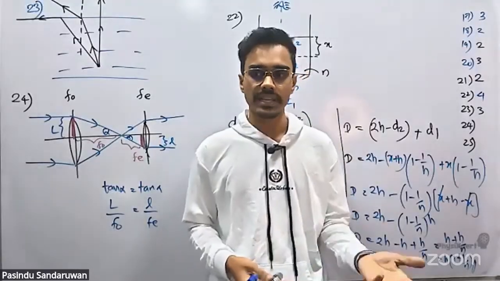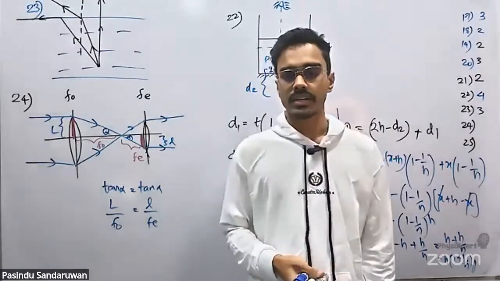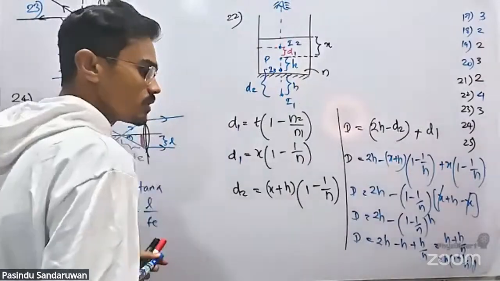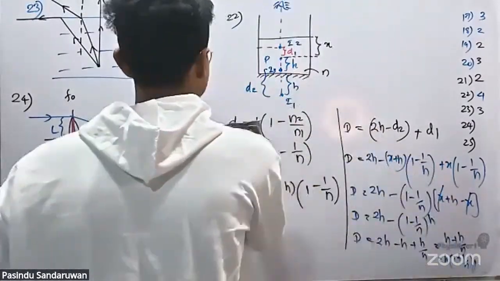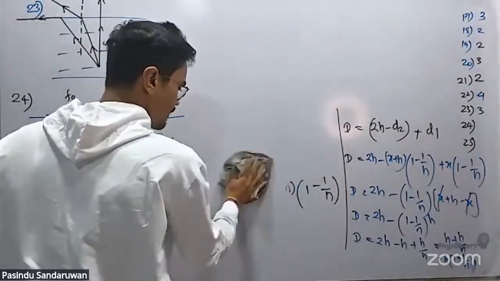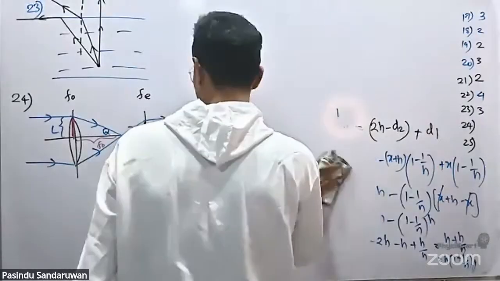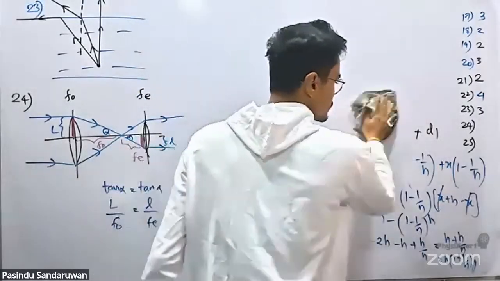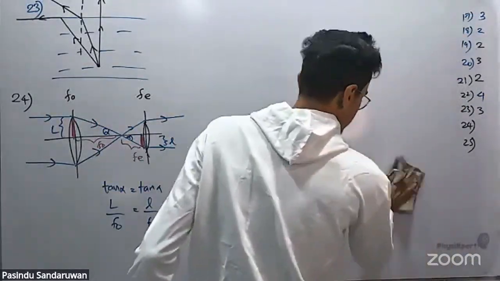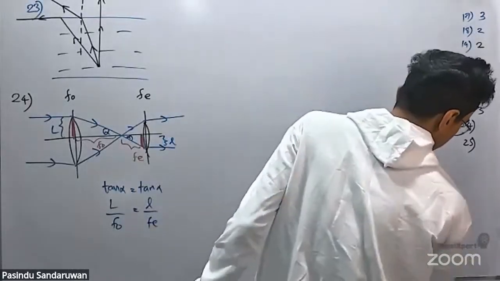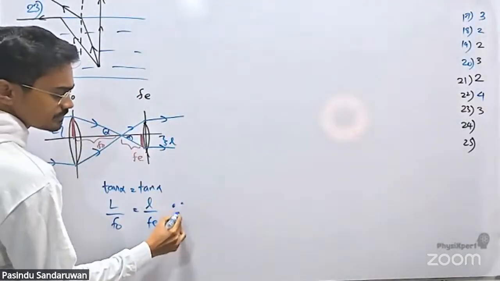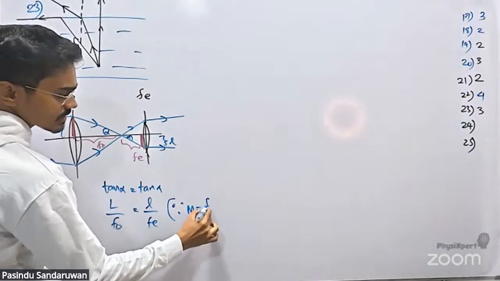That is a proved equation. Magnification equals fo over fe.